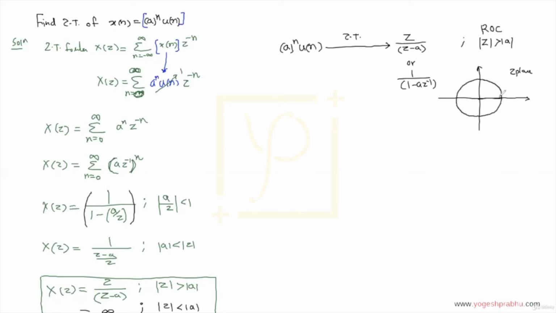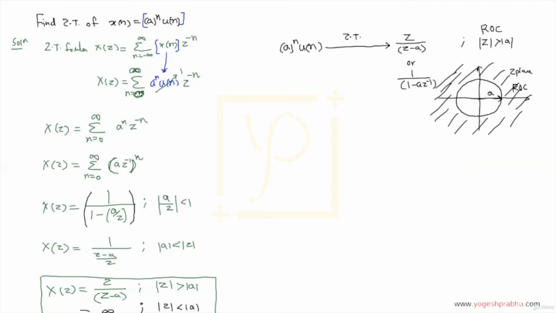So this distance here is a, and we want z to be greater than a. Now understand, if you want z to be greater than a, it has to be outside the circle. The circle is of radius a and you want bigger than a, and bigger than a will always be outside the circle. And that is my condition, which is the ROC. We always denote the ROC by shading the area like this, and this is the region of convergence, or ROC.